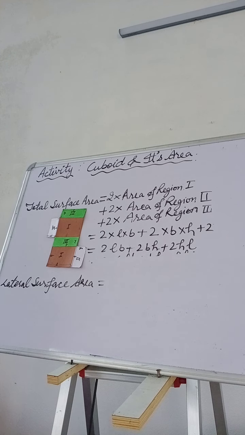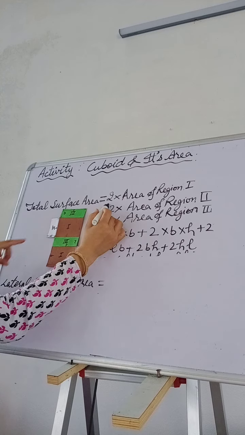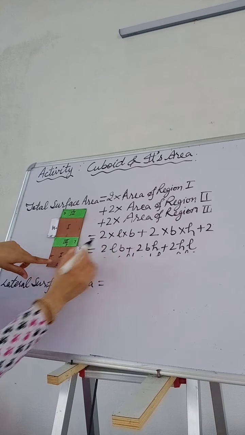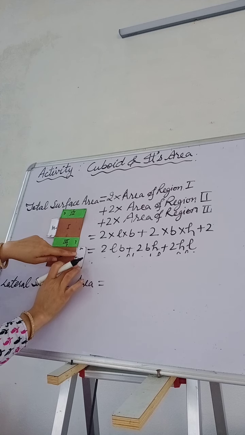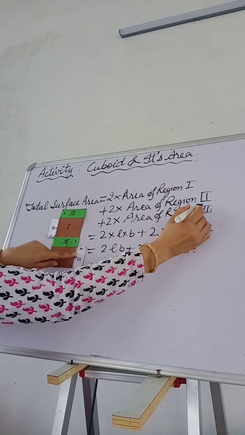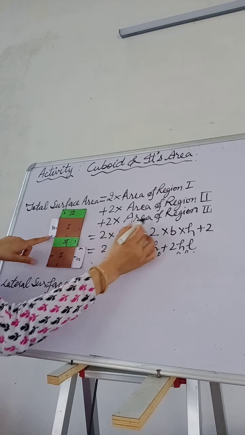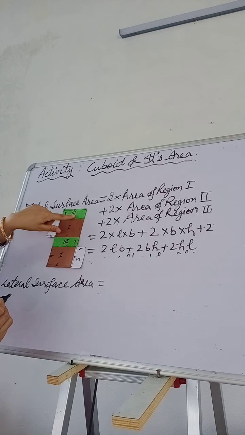Here what we have to do is find the area of region 1 plus area of region 2, that is the white region, multiplied by 2, then 2 multiplied by area of region 3, this green region.